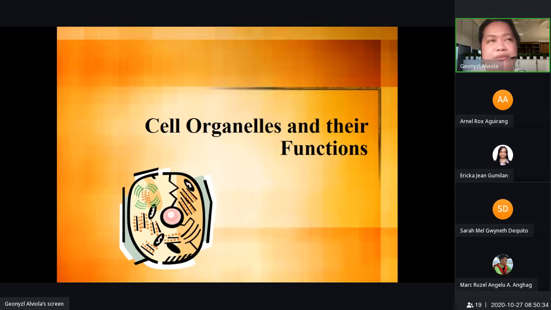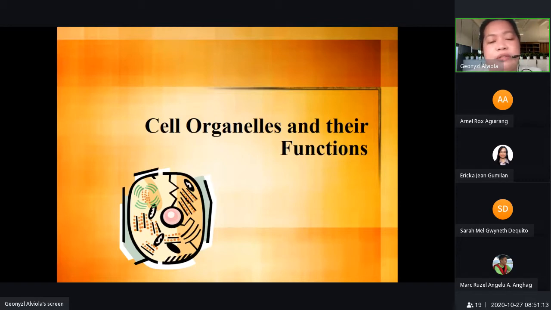So in cell, if we put cell 1 plus cell 2 plus another cell, or a whole bunch of cells, you will already have a tissue. And if a tissue is grouped together performing a specific function, then you will have an organ. Then if this organ cooperates with another organ with slight similarities in function or works together on a certain function, then that will be an organ system.